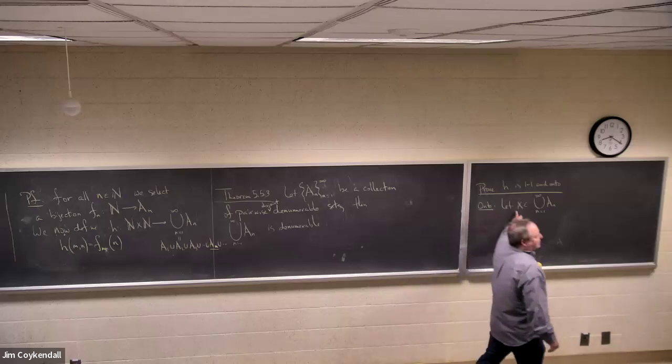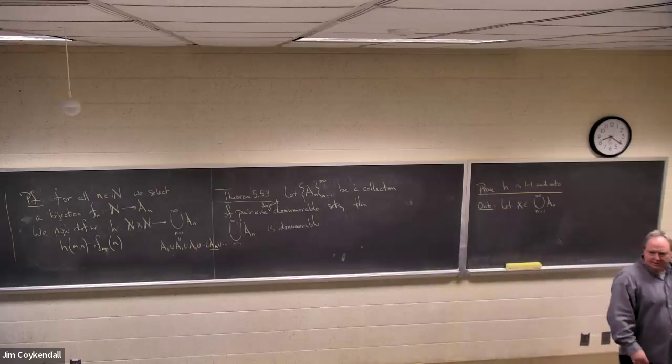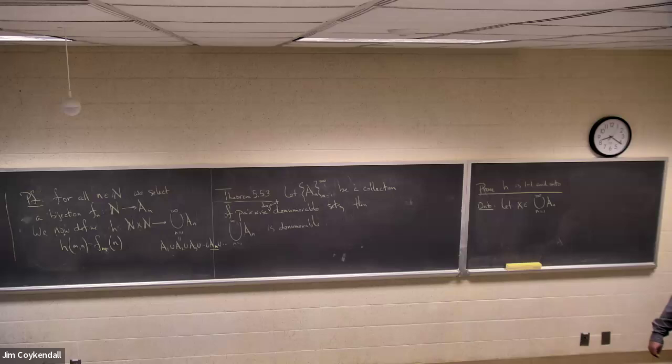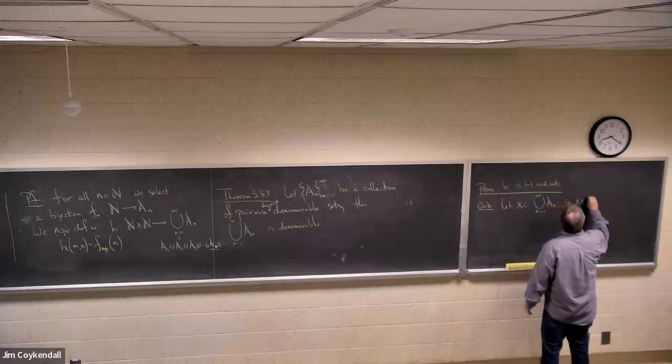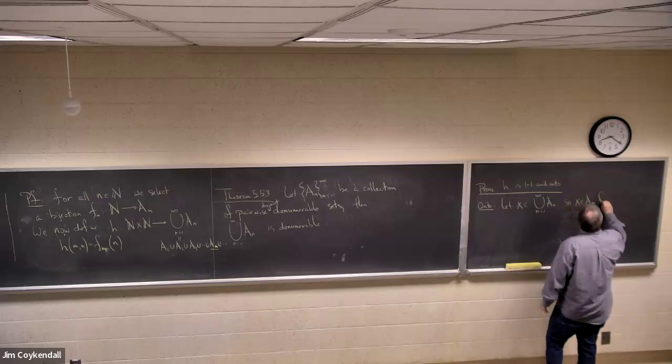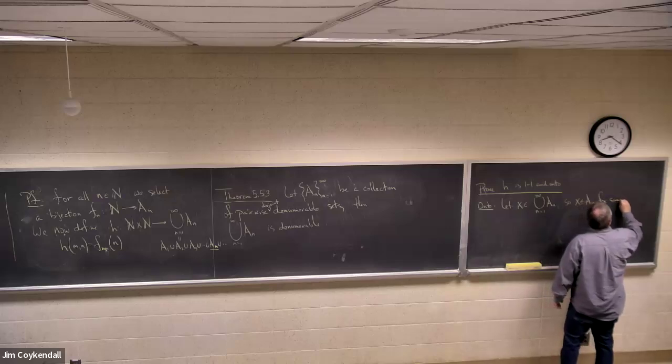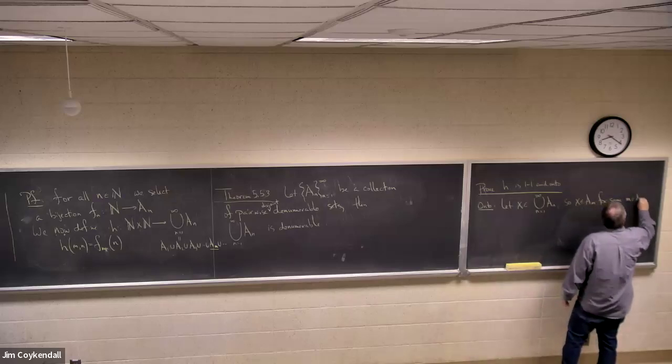What does it mean for X to live in this union here? It's in one of these sets. So X is in A_M for some M in the natural numbers, right?